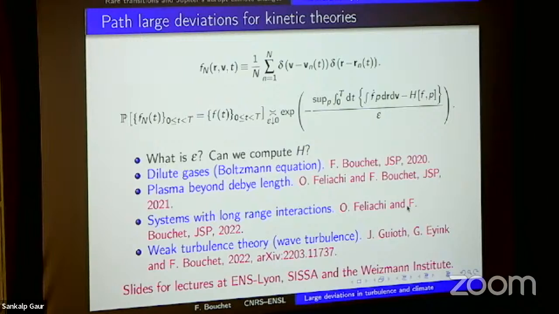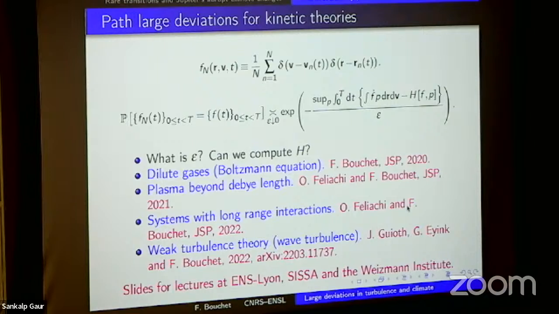And so we also did it for systems of particles with long-range interaction, which are very relevant, for instance, even for, I guess, active matter in many cases. And so recently with Jules Guioth, a postdoc, and Gregory Eyink, we also worked out the Hamiltonian for the kinetic theory for wave turbulence with weak interaction, weak turbulence theory, when the waves interact weakly.